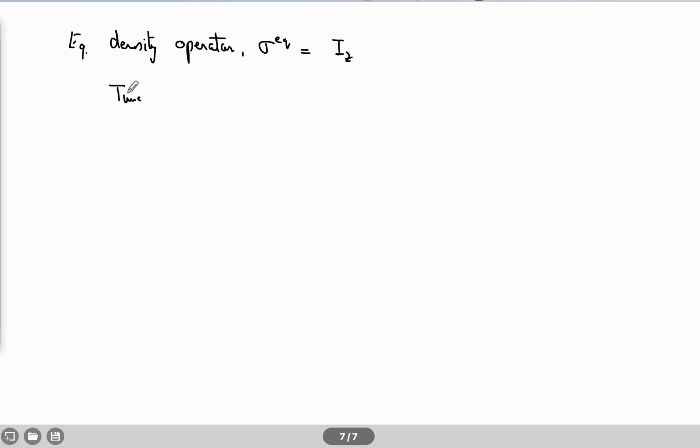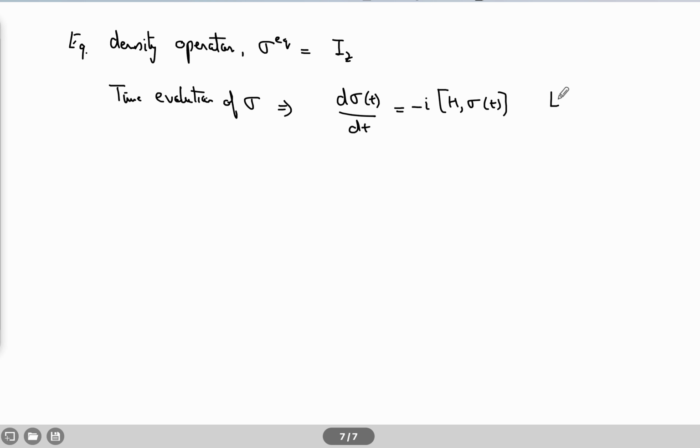Then time evolution of density operator is given by d sigma by dt. These are the key equations that we'll be using very frequently, so I'm just writing it over here: minus i [H, sigma(t)], right?